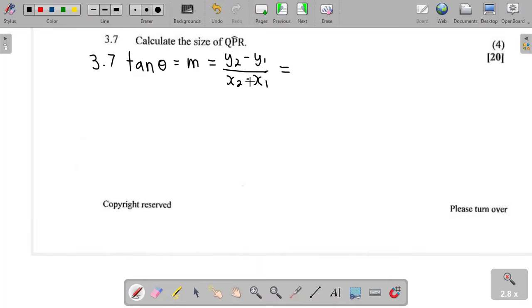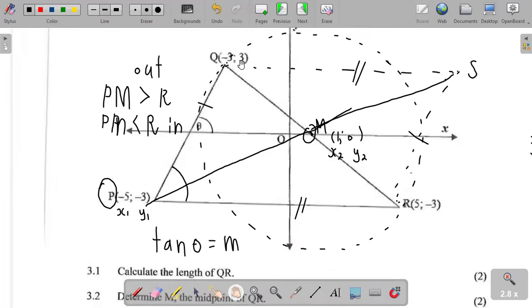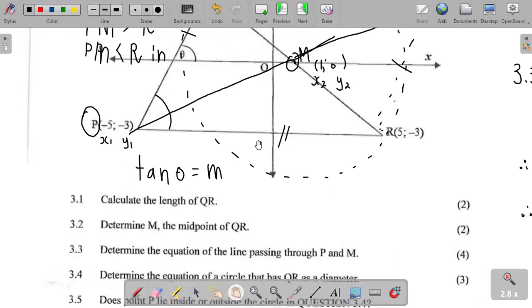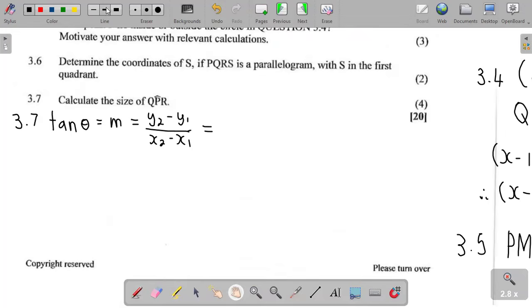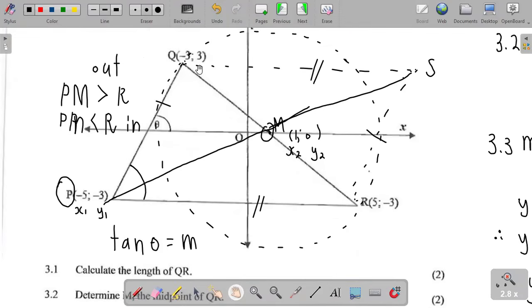So we must find the values. We subtract the y values first: 3 minus negative 3, and then divided by negative 3 minus negative 5.